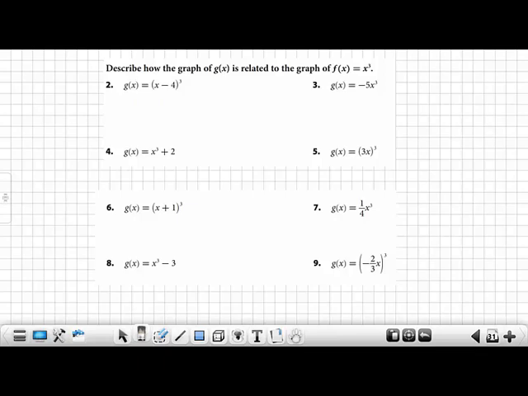Number 2, describe what's going on to the function. So, what way did it move?